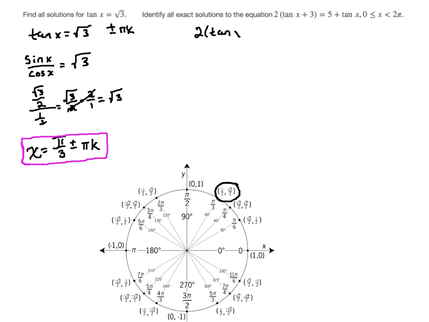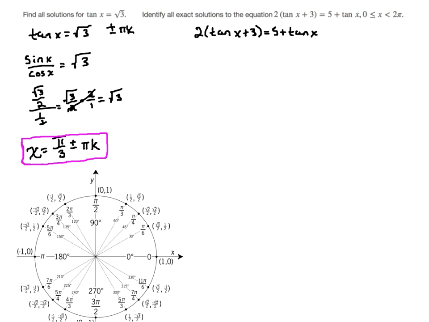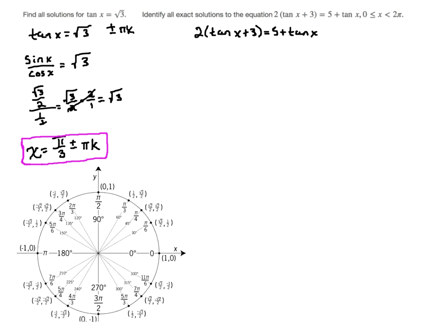Okay, so 2 times the tangent of x plus 3 equals 5 plus the tangent of x. Well, you know you've got to get that tangent of x isolated to be able to solve here. So what I actually have to start out doing is good old distribution so that I can get that tangent x as a term by itself, not being attached to that 3 inside the parentheses.